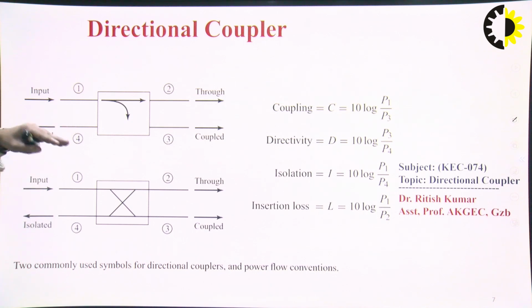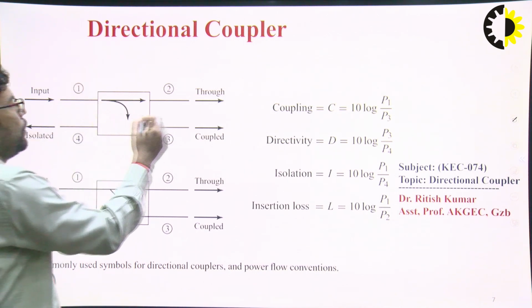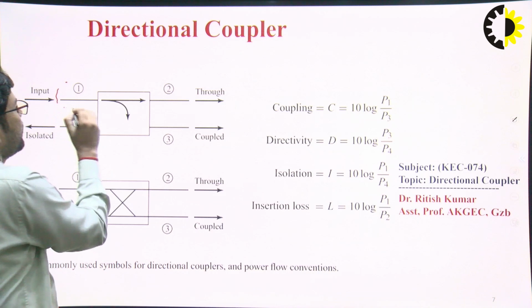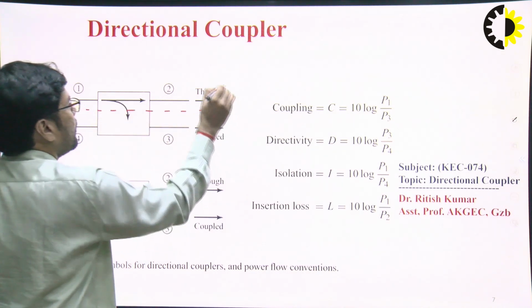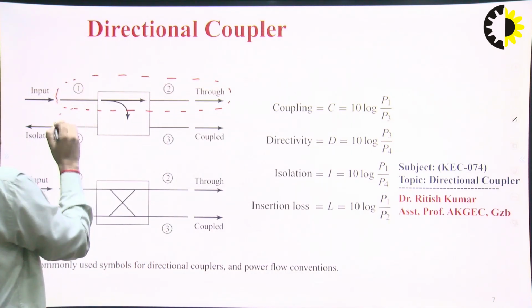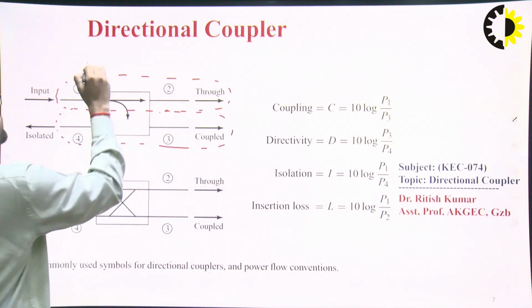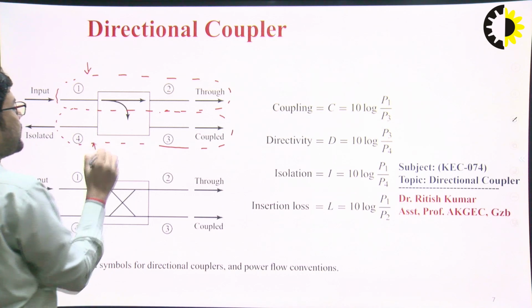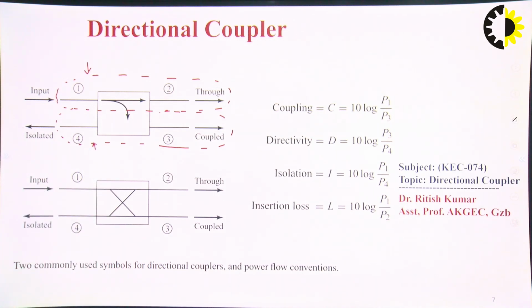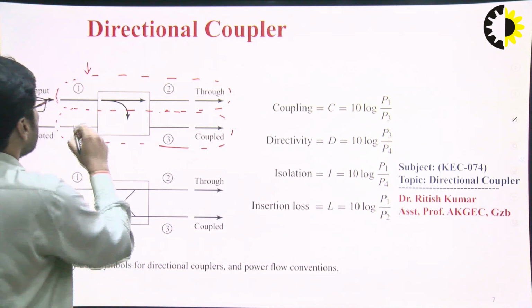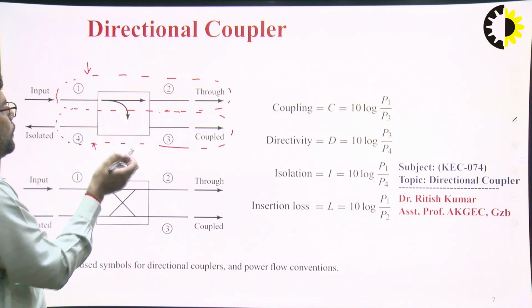We can say this is a combination of 2 waveguides. This is one waveguide, and this one is the other waveguide. This is a primary waveguide, and this one is the secondary waveguide, right? So coupling always happens in the other waveguide.